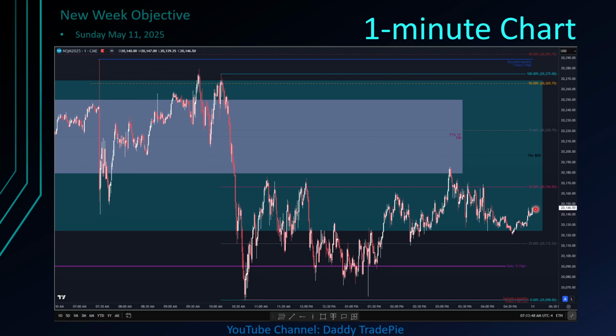But another point that I wanted to mention from this 1-minute chart is I have measured the range from this high to this low and you can see the midpoint and quadrants on the chart. Most of the time you can see the price was staying in the lower half of this range from this high to this low.